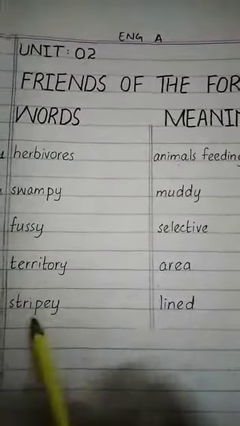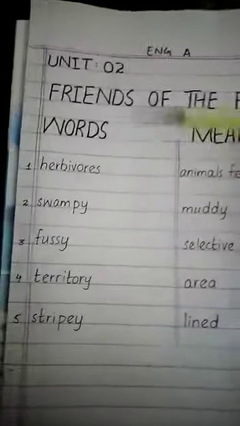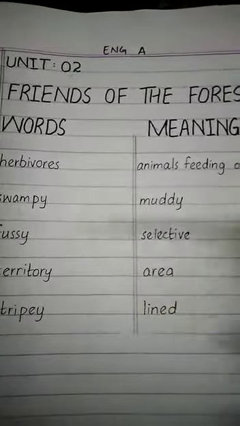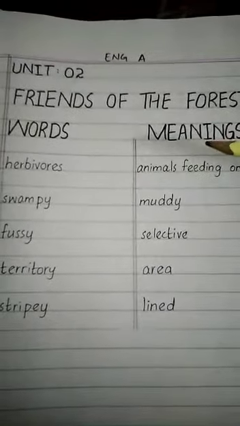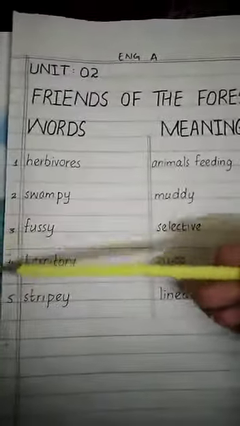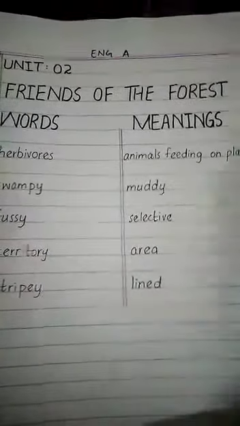So that's why strippy means lined. So these are the words and meanings of our lesson number 2. Note it down in your rough notebooks or in your registers, or any notebook that you have started your work on for English. 1, 2, 3, 4, 5. Note them exactly in this way, and then come to the next page.